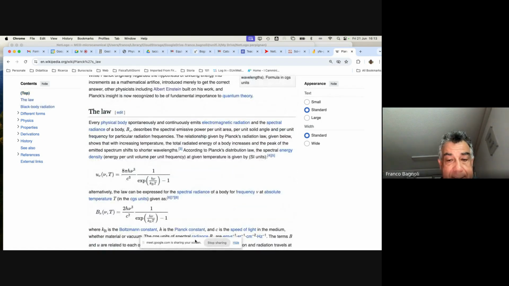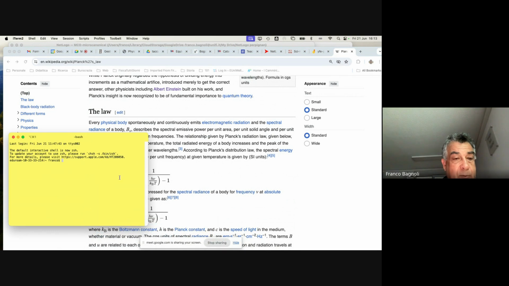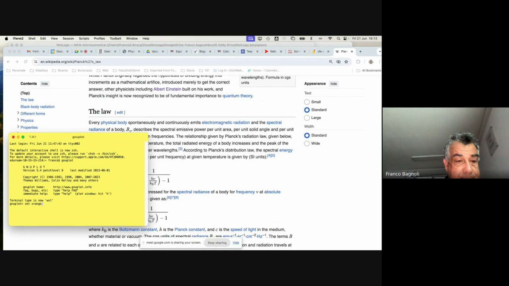Okay, so first of all, let's check this is working. New plot, if I set x range 0 to, I don't know, 100, plot x to the third divided by exp of x over t minus 1, clearly t equal 10.